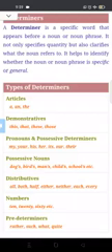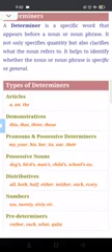If I say an ostrich would beat a chicken in a race, the determiner an introduces the noun ostrich. Clear?